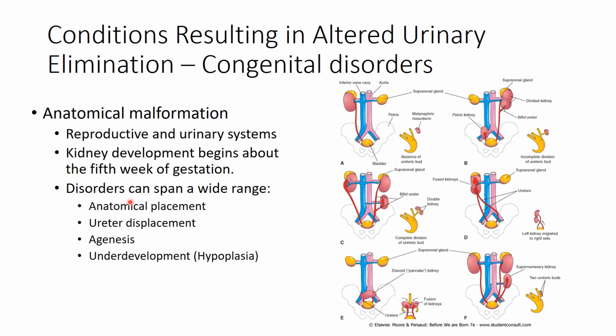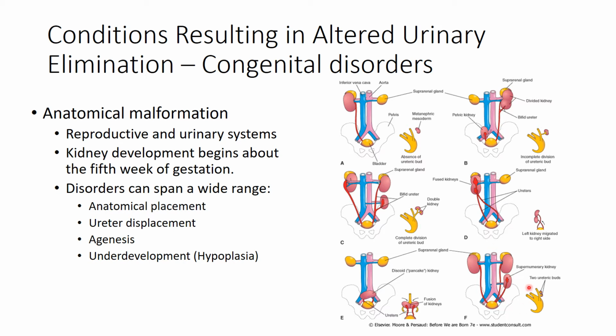Okay. So we know that the disorders can span a wide range, meaning you might experience anatomical displacements. Like if we look at this example, we have an extra kidney here. Maybe we form something like this, and we form 2 different kidneys. Here we have a pelvic kidney, and then over here we have where the kidney is normally located, and this is going to be much superior to this.